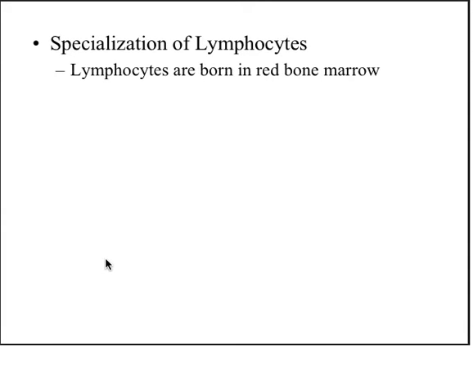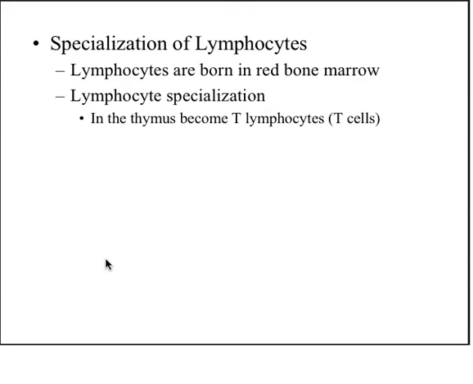Lymphocytes are generated in red bone marrow, which is found in the flat bones, in the ribs, in the coxal bones, in the vertebrae, and in the proximal heads of the femur and the humerus. They then specialize after they're generated from progenitor cells.